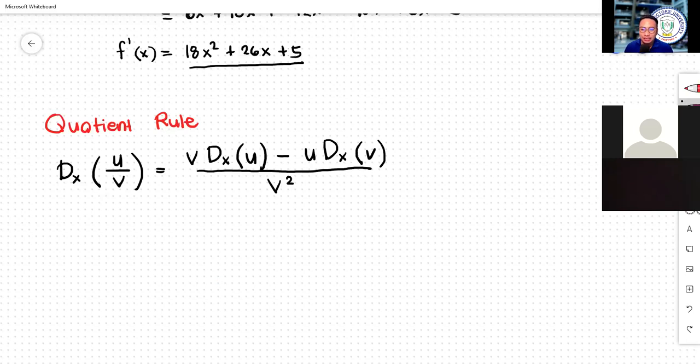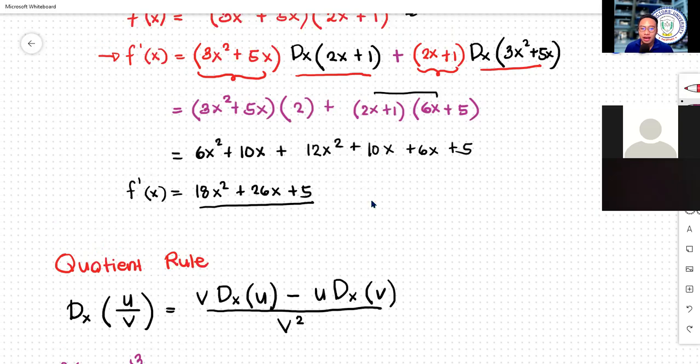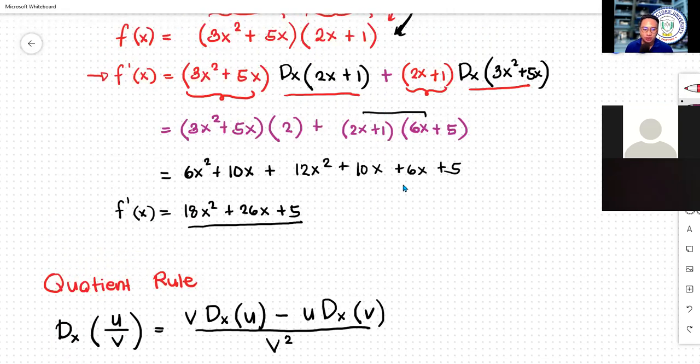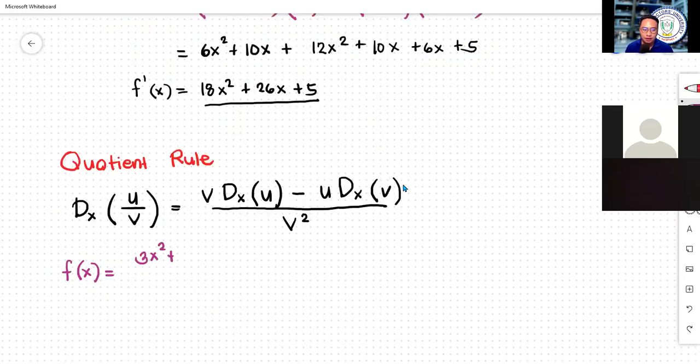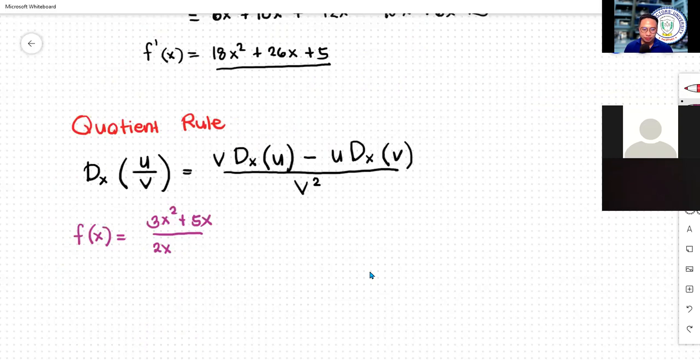Now, let's have an example using the quotient rule. I want you to take this derivative. I'm just going to use the same given, 3x squared plus 5x over 2x plus 1. Now we wish to find the derivative.